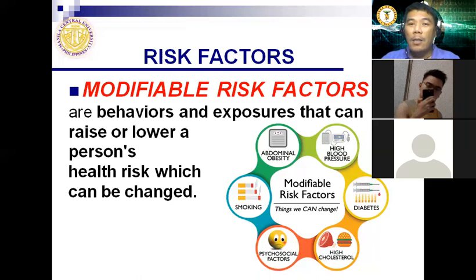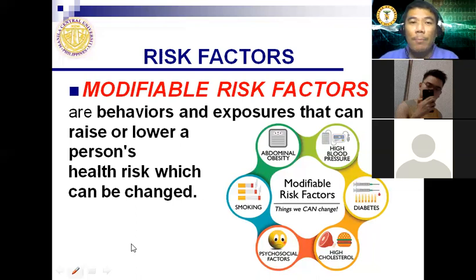If the client is having a problem with psychosocial factors, the psychosocial factors that we're considering could be in the social factors, but this could also be modifiable because this could improve, and the cholesterol itself. So these are the common risk factors. The risk factors may vary according to the diagnosis of the client.